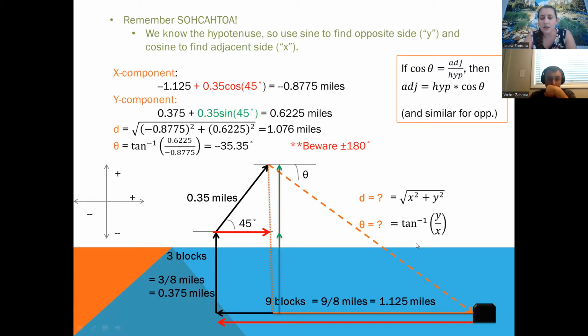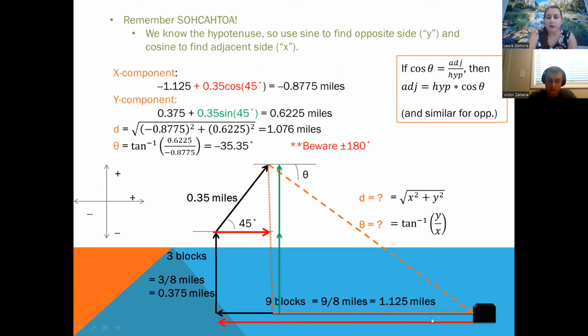So the question in the chat, how do we find the formula for the X and Y components? That would be these ones up here in the orange, I think. I'm going to assume that that's the one that you're asking about. So remember, when we're looking for our final X component, we're going to add together all of the X components that we have for all of our vectors.